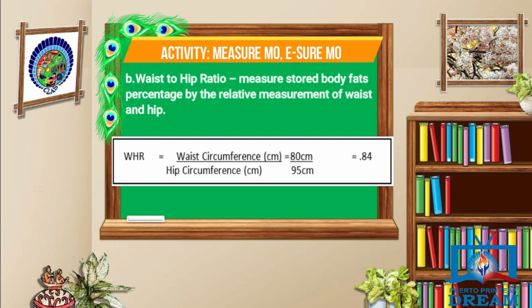For example, your waist circumference is 80 centimeters and your hip circumference is 95 centimeters. Divide 80 by 95 and you'll get 0.84, and that is your waist to hip ratio.